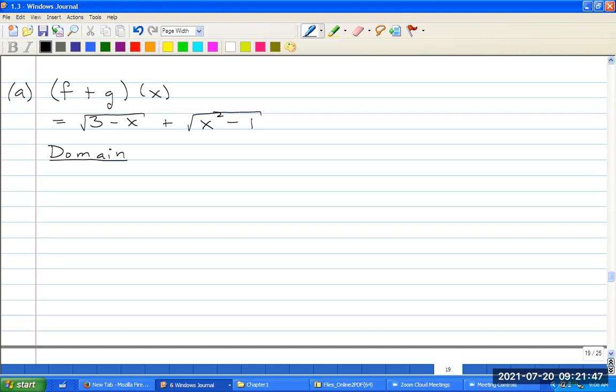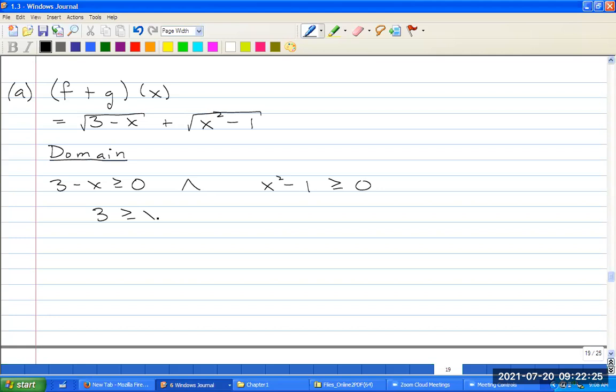Well, I don't want to take the square root of a negative number. So 3 minus x is greater than or equal to 0. And I don't want to take the square root of a negative number, so x squared minus 1 is greater than or equal to 0. So I have here that 3 is greater than or equal to x, adding x to both sides of the inequality.